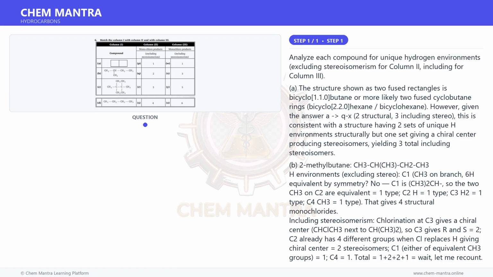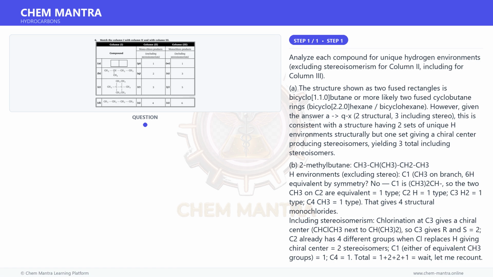So C is PW. D. n-butane, CH3CH2CH2CH3. H environments, excluding stereo: C1 and C4 equivalent CH3 is 1 type, C2 and C3 equivalent CH2 is 1 type.